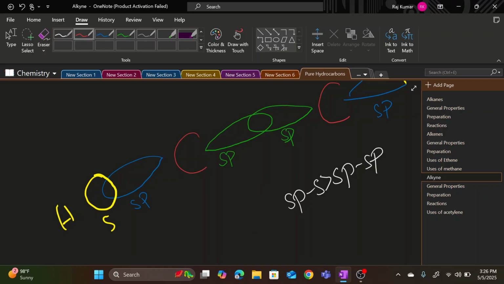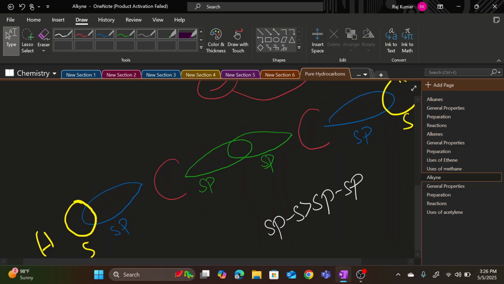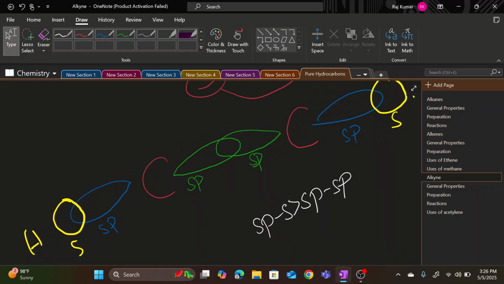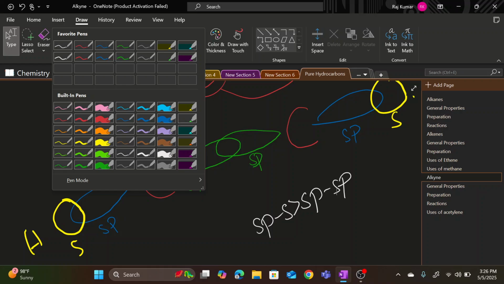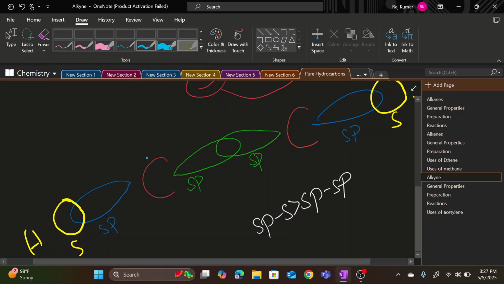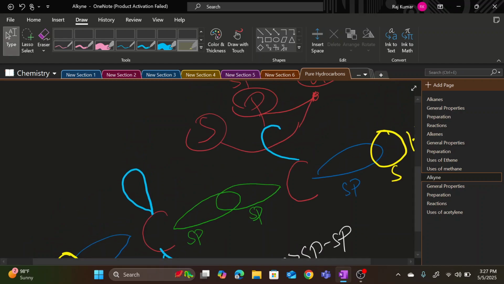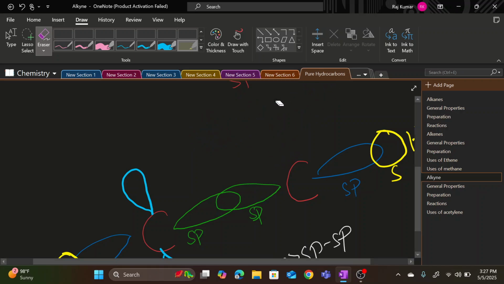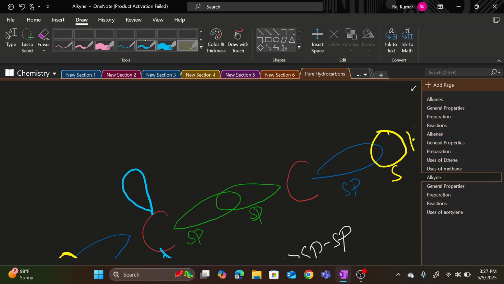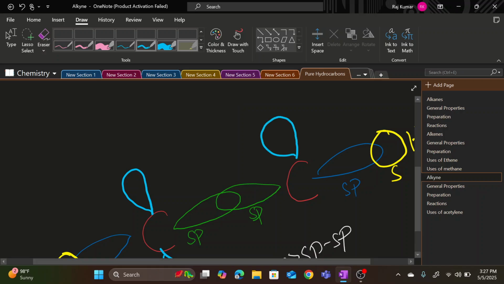Alright, so now we have two of the p orbitals which are unhybridized. Unhybridized p orbitals.